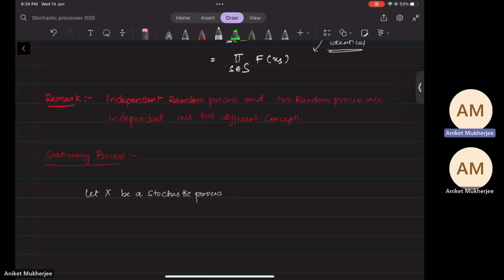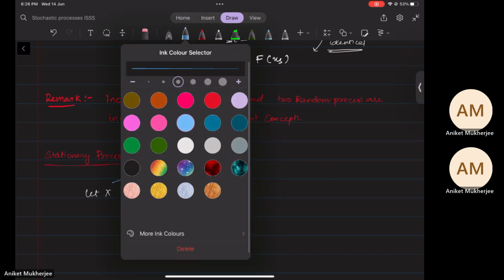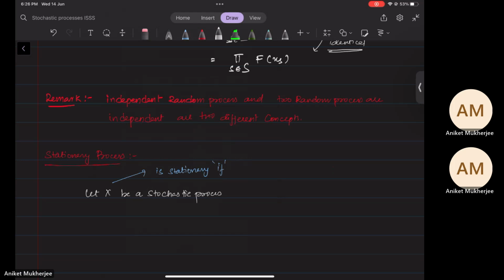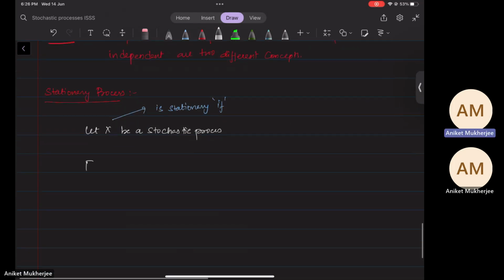This stochastic process is said to be stationary if the joint distribution for a finite subset of the index set S is shift invariant.